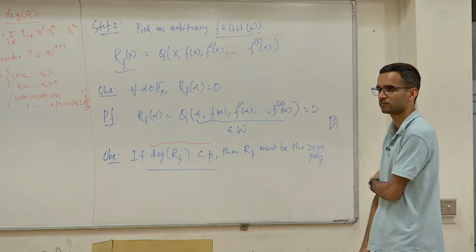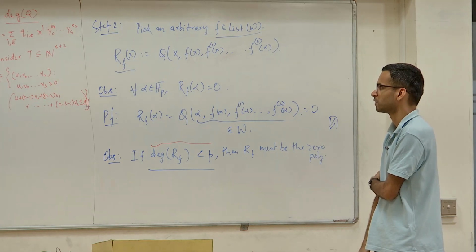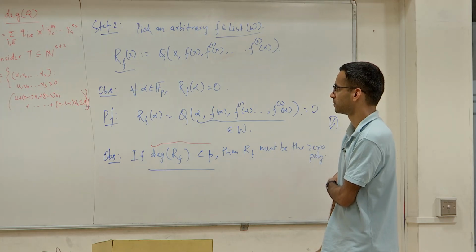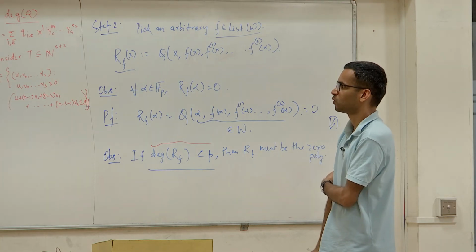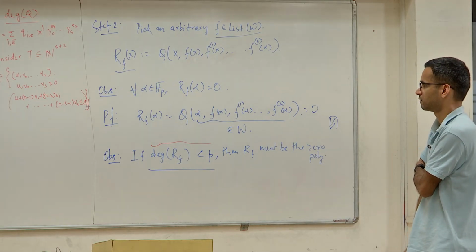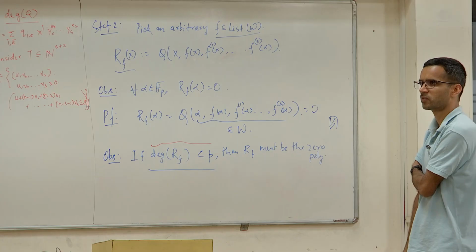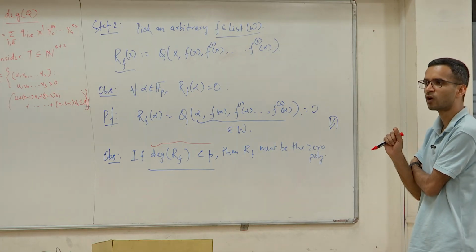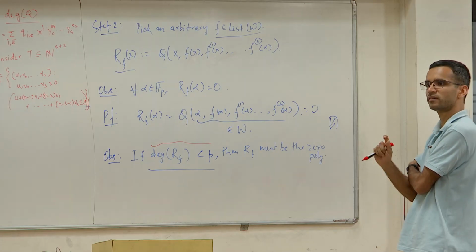So why are you not taking delta equal to p minus 1? Good. Okay, repeat the question: why are we not taking delta to be p minus 1? We need some gap. In step 3, we will use the fact that the degree is not very close to p, it's a little bit away.